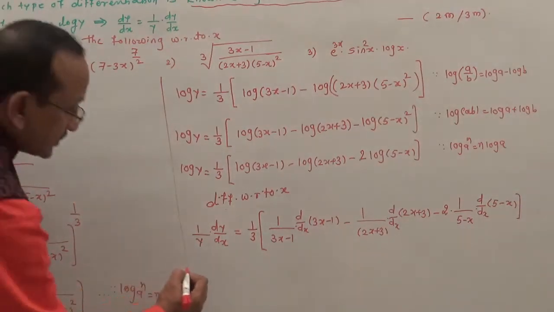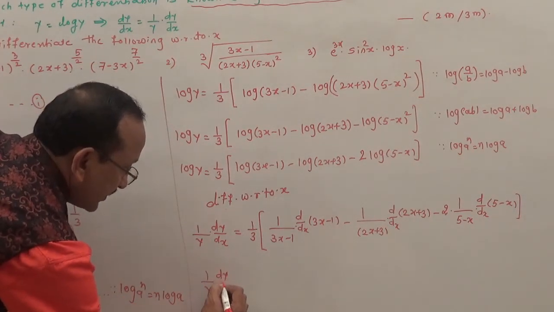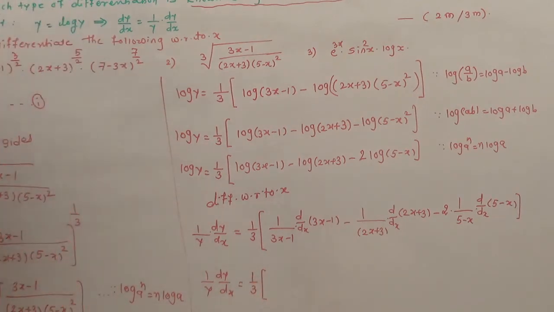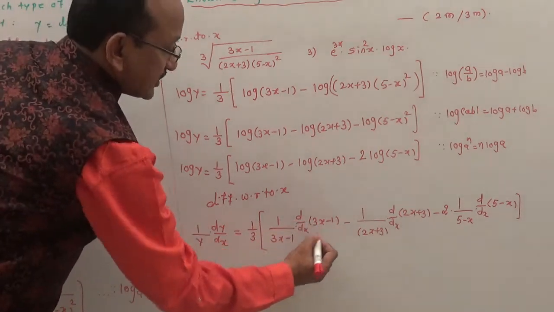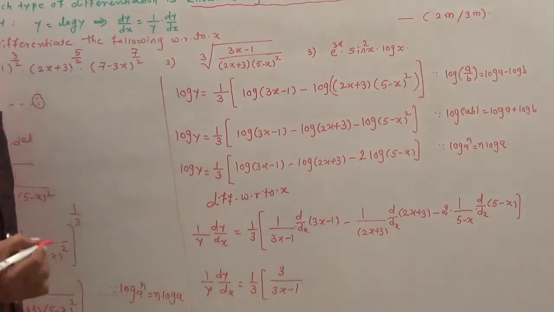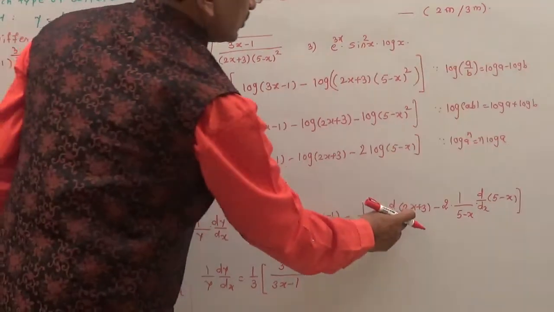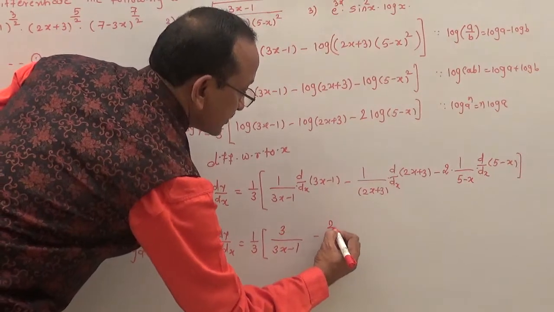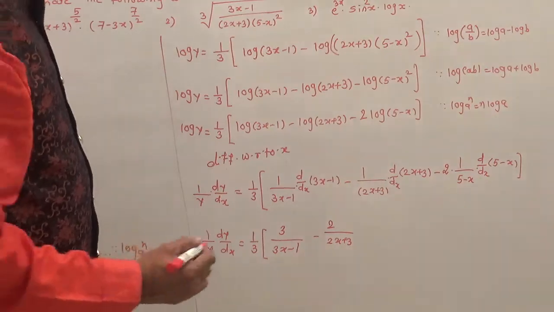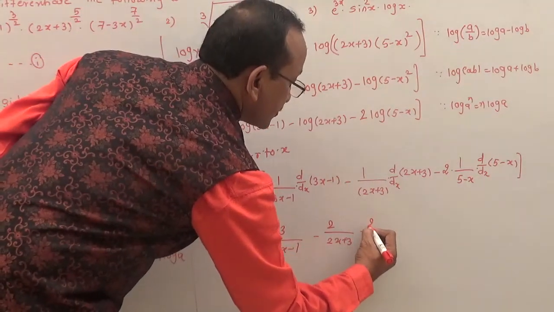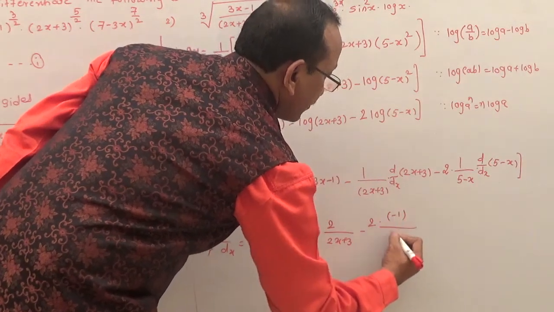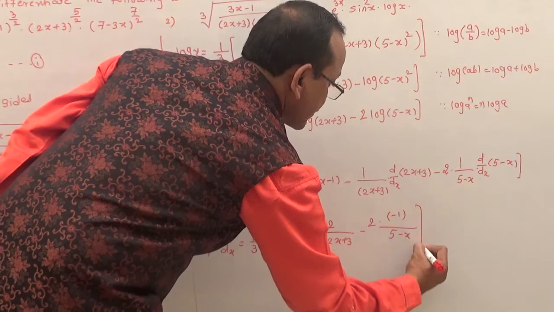Now 1 upon y dy by dx is equal to 1 upon 3 into bracket. So derivative of (3x minus 1) is 3 upon (3x minus 1), minus derivative of (2x plus 3) is 2 upon (2x plus 3), then minus 2 into derivative of this is minus 1 upon (5 minus x).